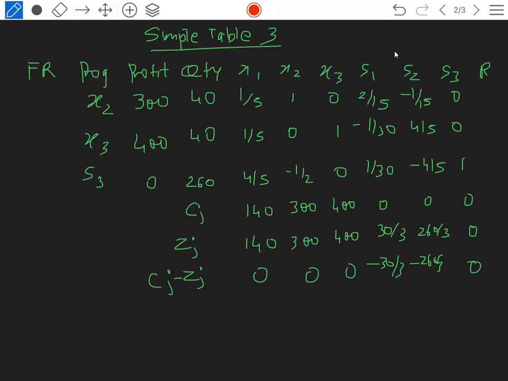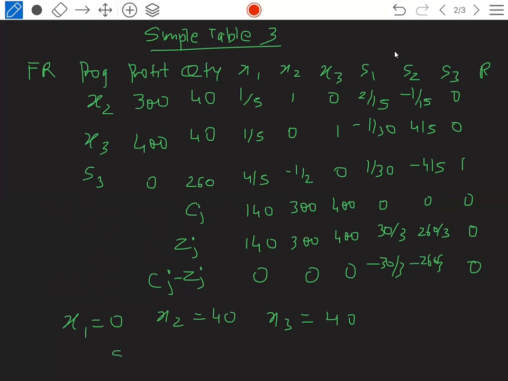So basically what we say over here now is there is no positive number over here. So that means the table is optimal, and we can say the solution for this is x1 is 0, x2 is 40, and x3 is going to be also 40.